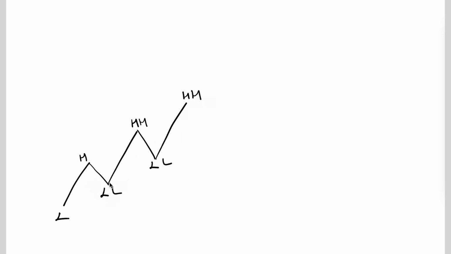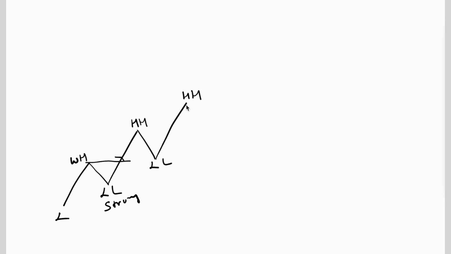Now this low is strong, and this high is a weak high because it got taken over here. But this low was a very strong support. The price direction could not break this. Again, this high is a weak high, this low is a strong low.